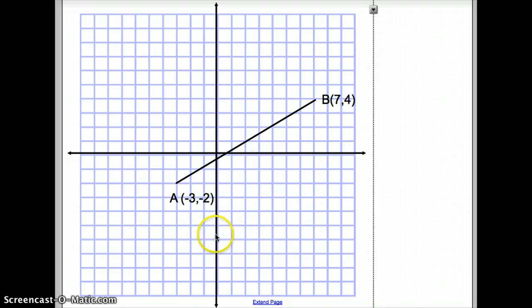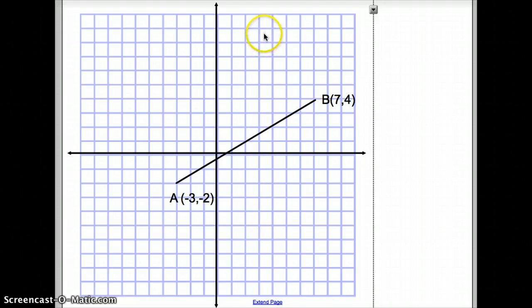So how do we figure out the midpoint of a line that's not horizontal or vertical? Well, the same logic applies. Basically, we need to find a point that's halfway between the x coordinates, so again the average of the x's, and a point that's halfway between the two y coordinates, so again the average of the y's.